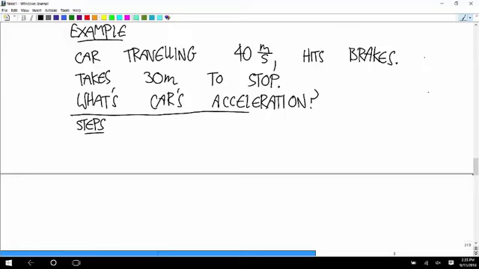So how would you describe the two instants where we have information? When it stops, so that's going to be the latest instant, right? So I'm going to call that time final. I'll put it down here.